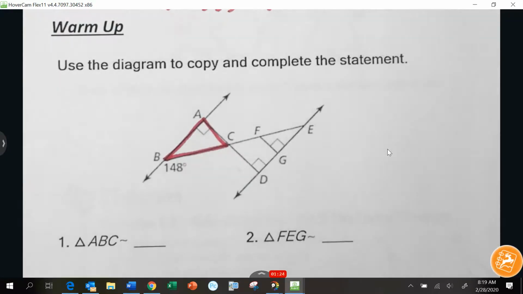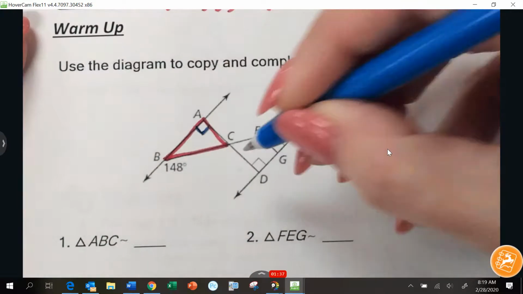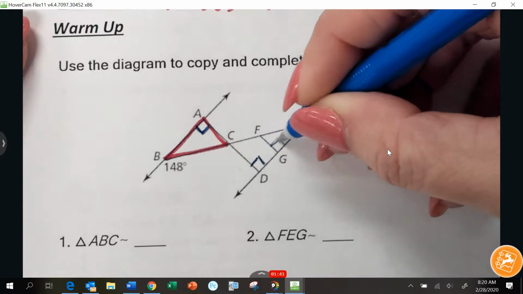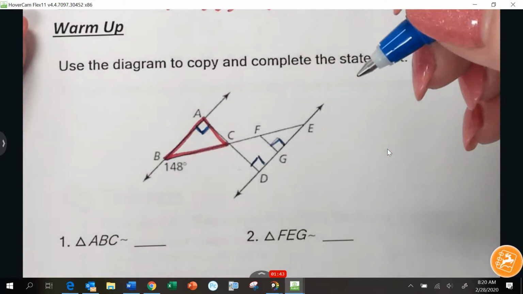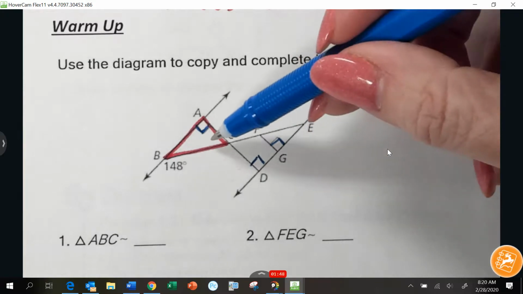Well, I see two right angles. Okay, we actually see three of them, right? Yeah, so this is congruent to this one, which is also congruent to this one. So we've got one angle that is congruent in three different triangles.